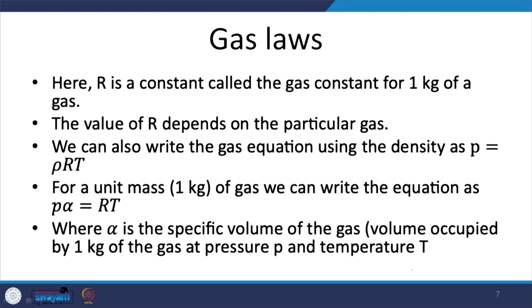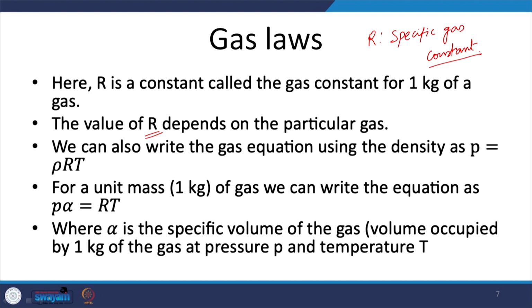So, the value of R now, let us say the specific gas. I suppose all of you must have learned these fundamental aspects in your earlier classes, but this will serve as a refresher for your upcoming classes, right. The value of R depends on a particular gas.